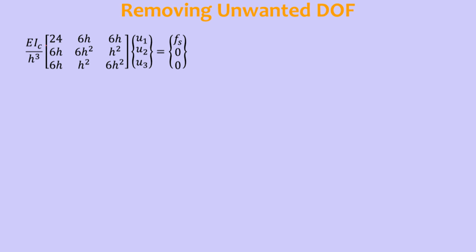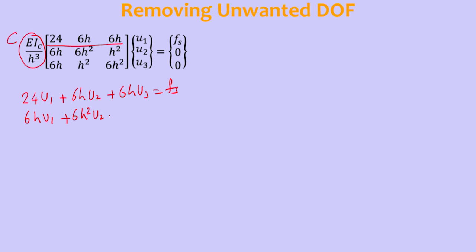Now, if you can see this one, if I take this equation, let's make this some constant C. So, 24 U1 plus 6H U2 plus 6H U3 is equal to Fs. Then 6H U1, I am writing simultaneous equations, 6H square U2 plus H square U3 is equal to 0.